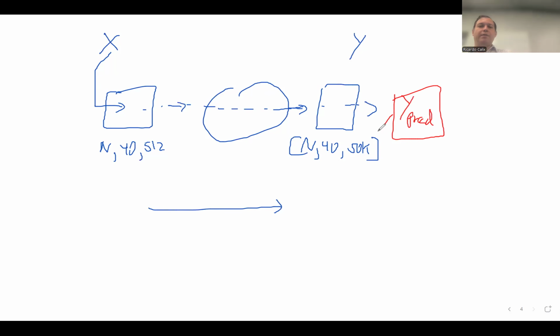What is Y pred? This guy over here. And then what do I do with that Y pred? Because really I just transformed a tensor that came in with random everything, right? You agree that everything was random. But once this Y pred comes in, I compare it to what? To this Y.